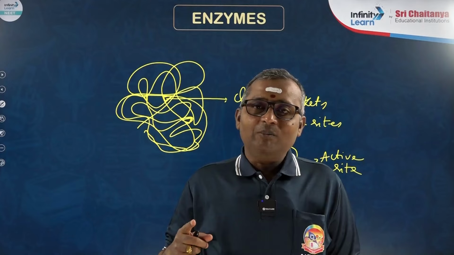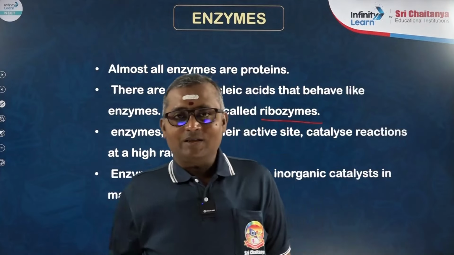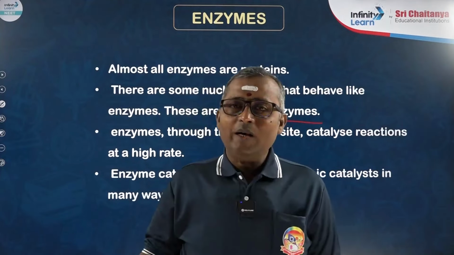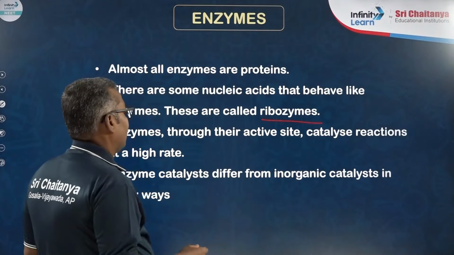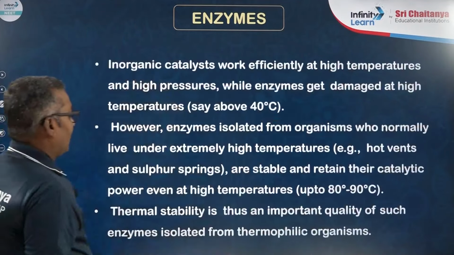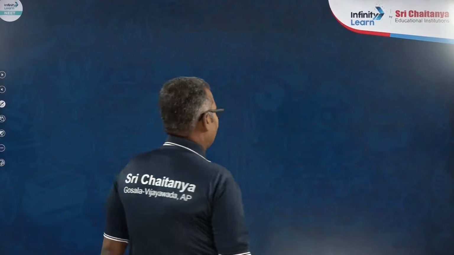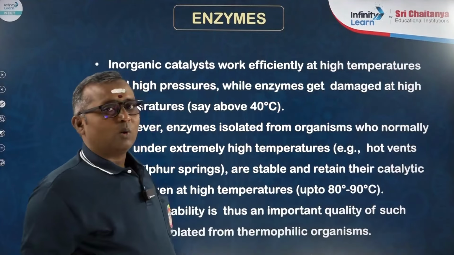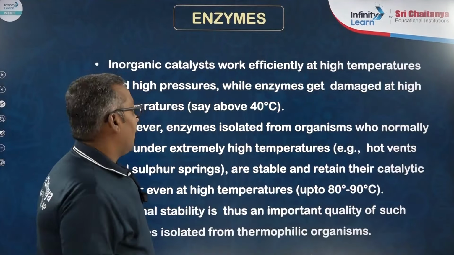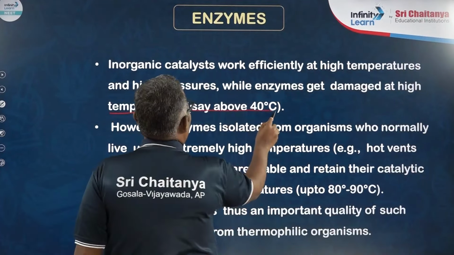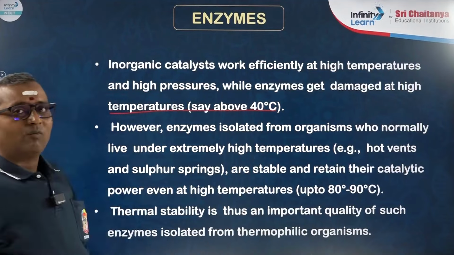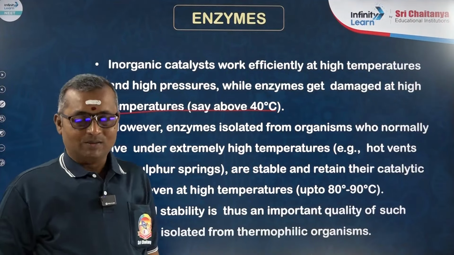They differ from inorganic catalysts in that an inorganic catalyst remains stable even at high temperature and pressure. Whereas a protein catalyst or enzyme catalyst gets denatured when exposed to around 40 degrees Celsius of temperature.